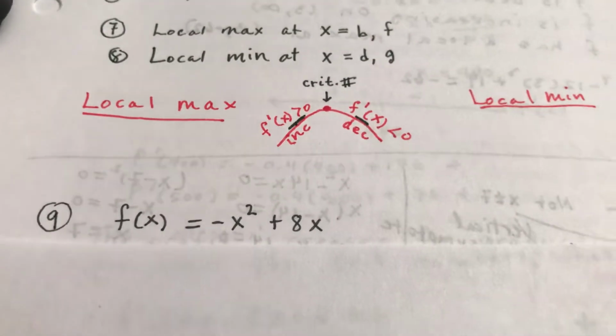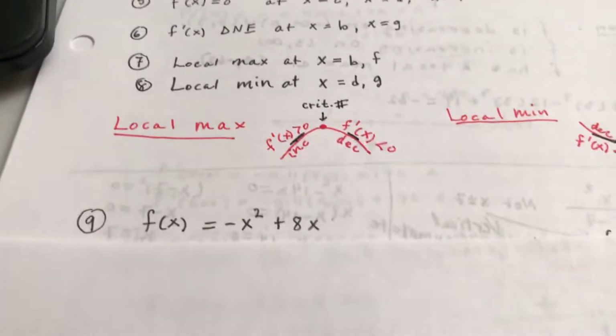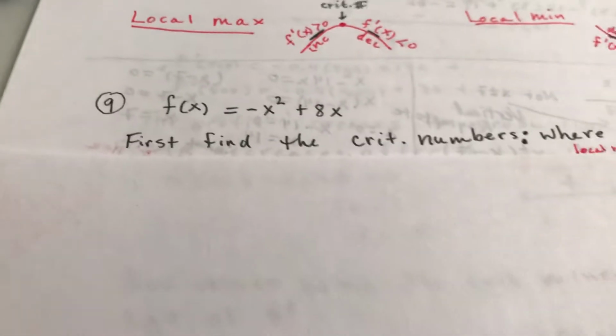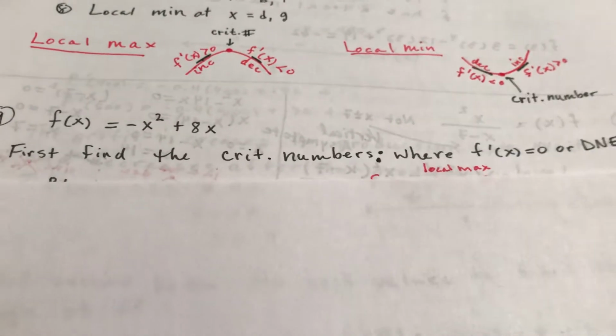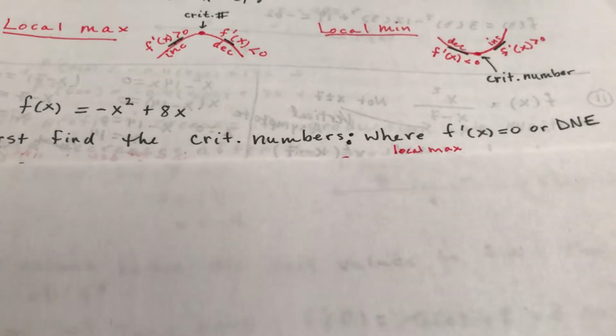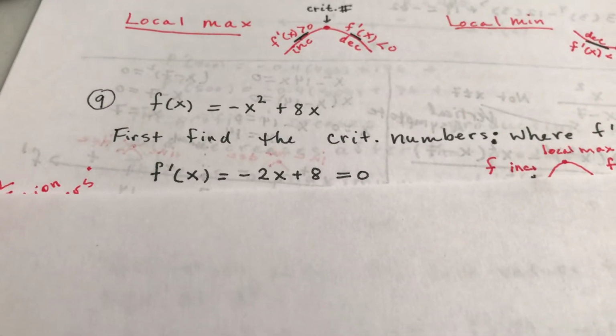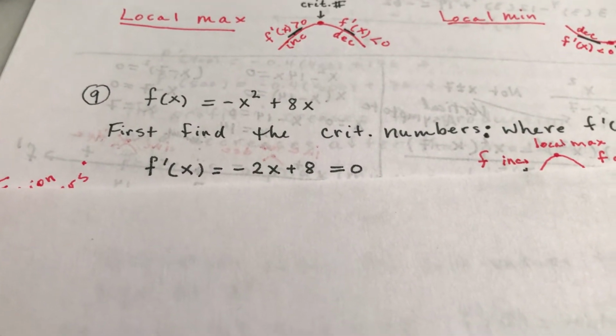So the first one I'm going to do is this one. All right. We're doing a first derivative analysis. So let's take the derivative of that. What do you get? That's right. It says find the critical numbers where f prime of x is 0 or does not exist. And so taking the derivative, you get negative 2x plus 8. And we set that equal to 0.